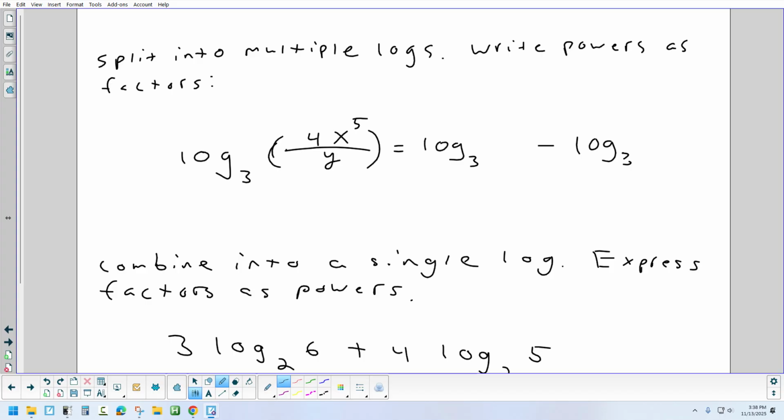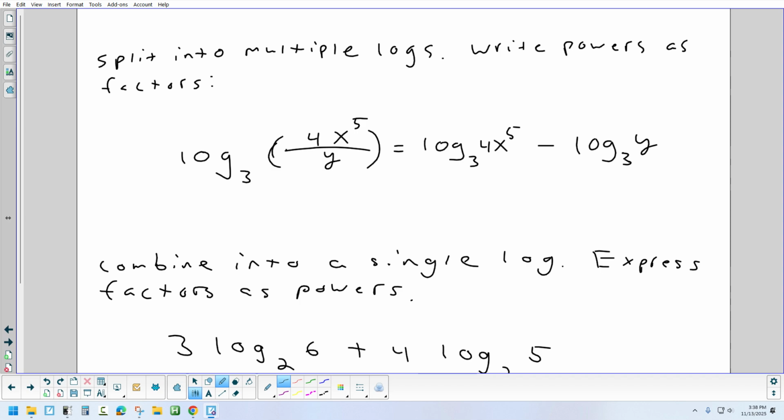So the argument is log base 3 of 4x to the 5th, and then minus log base 3. What's going to be that last argument? Minus log base 3 of y. So the last part's done. There's not really anything else we have to do with that.